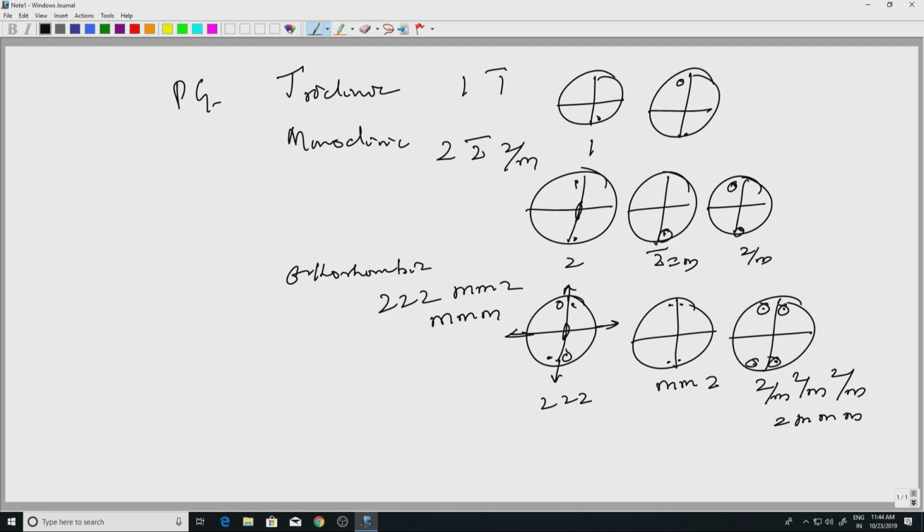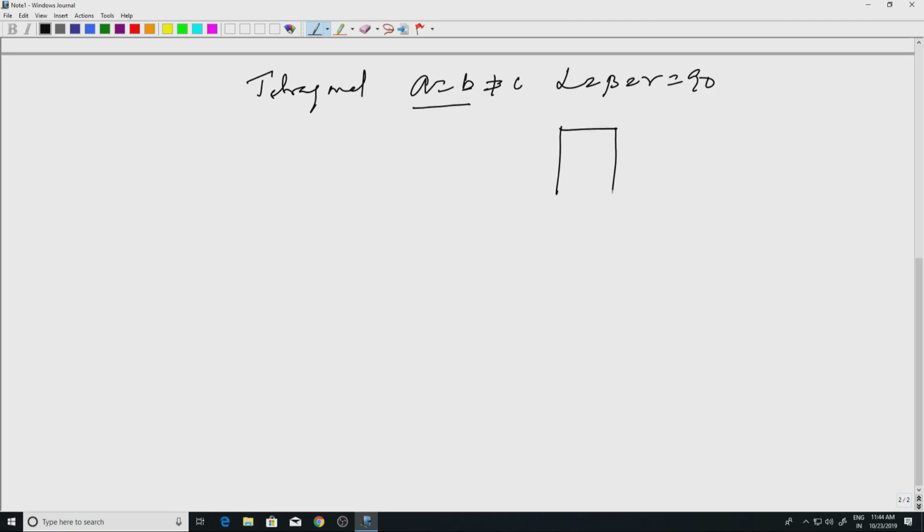Okay, then next one, I will go to tetragonal. We will remember a is equal to b not equal to c, alpha is equal to beta is equal to gamma is equal to 90. Now because a and b are equal, it's got a square base. So there is a fourfold axis here.